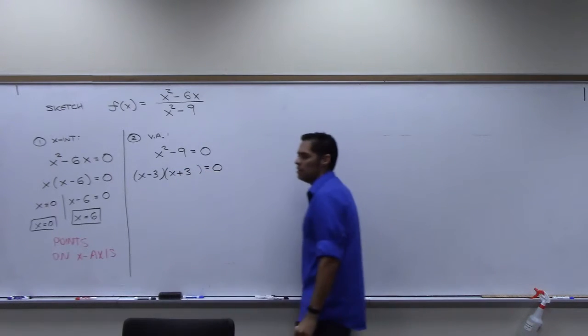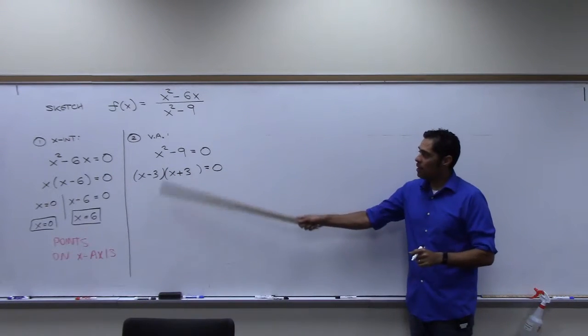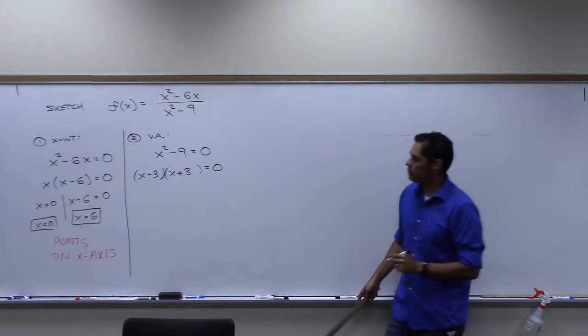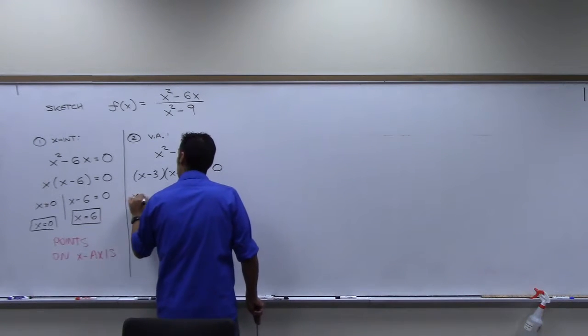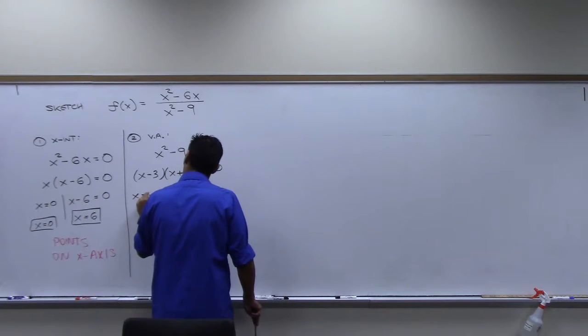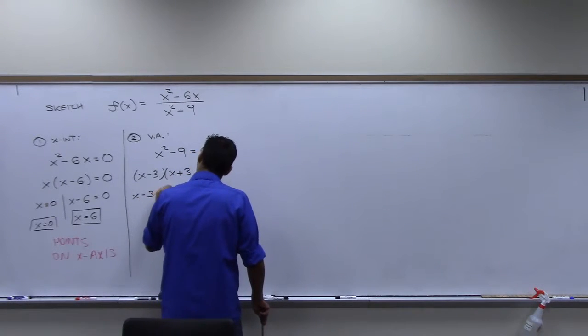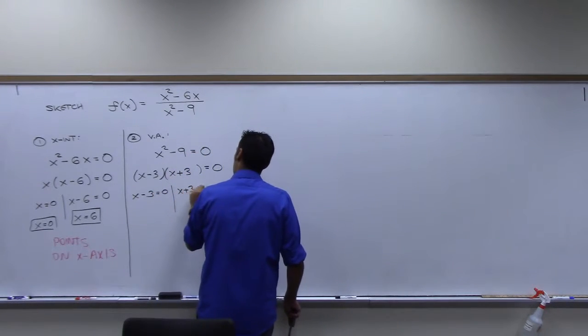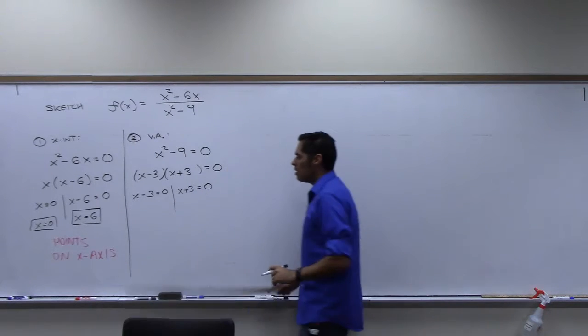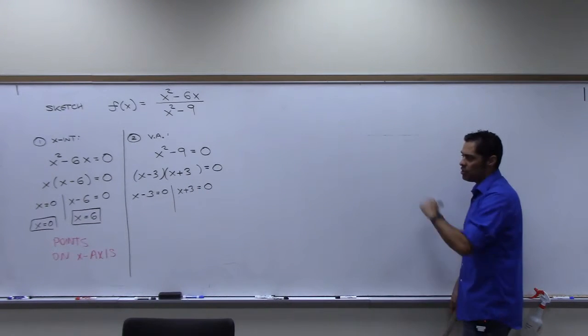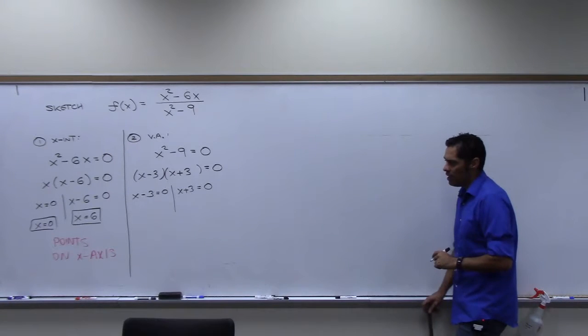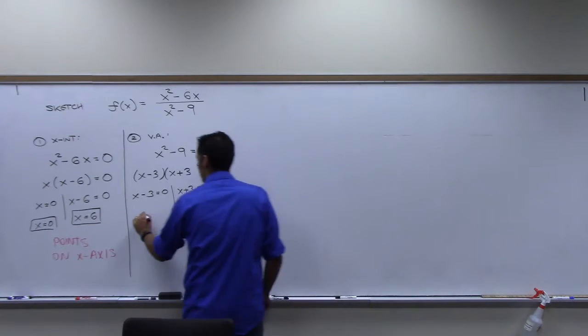Either way. And now you set each of those equal to 0, don't you? So I set x minus 3 equal to 0, x plus 3 equals 0, and solve both of those little linear equations. Just isolate your x. So what are the two answers you get? 3 and negative 3.